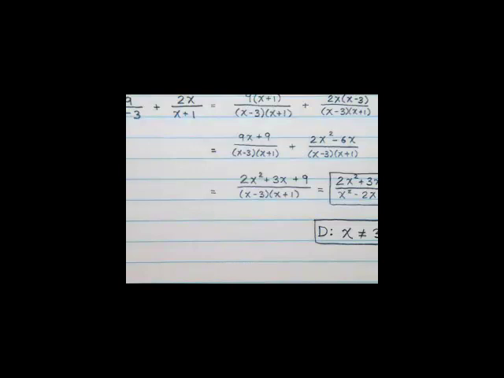Then adding those together, combining your like terms in the next step after. I was looking in your textbook a little closer. It looks like x is not equal to 3 and negative 1.